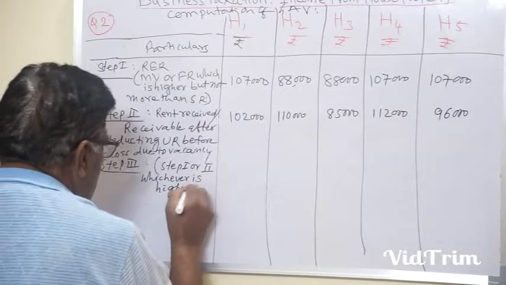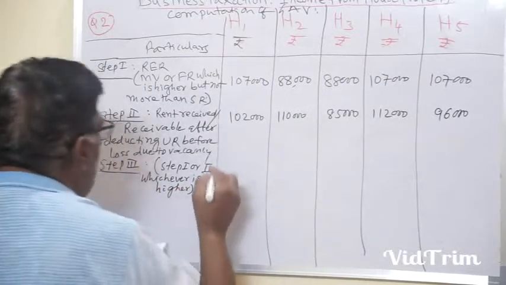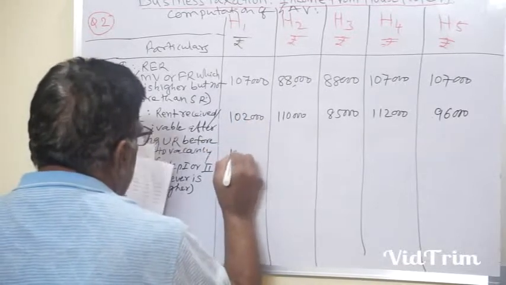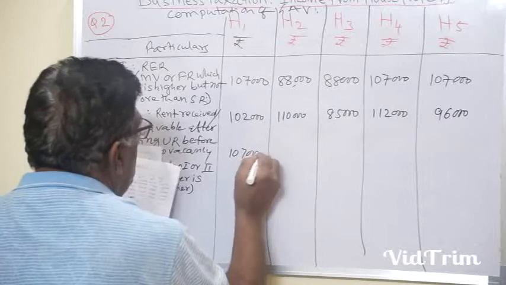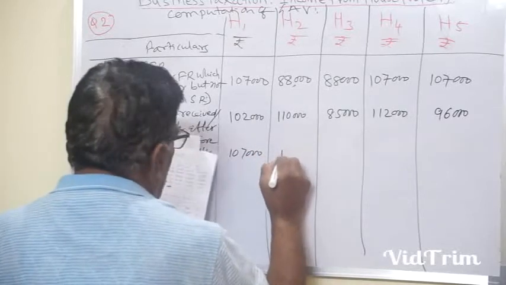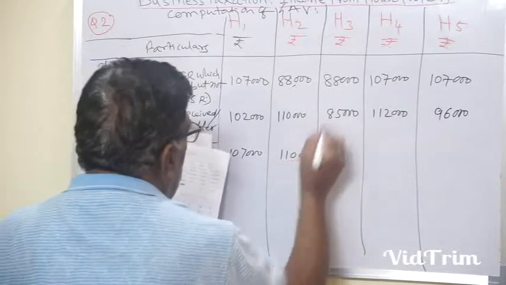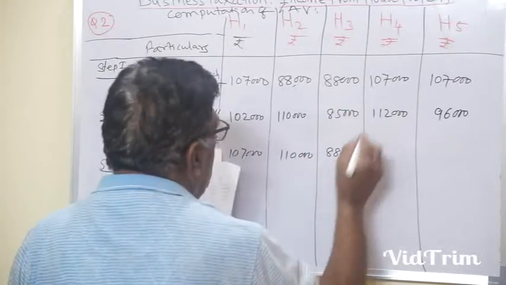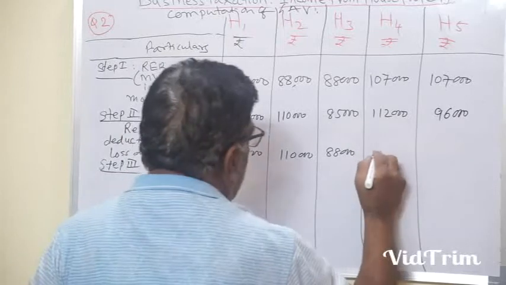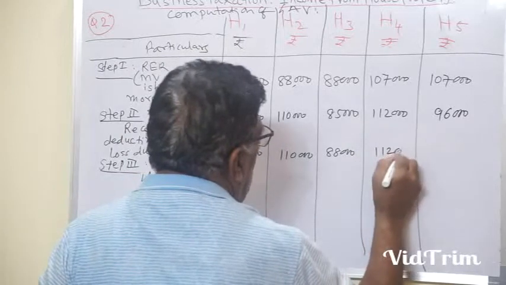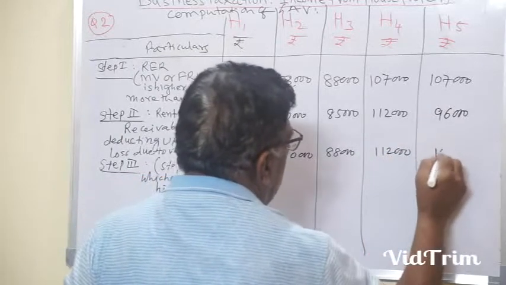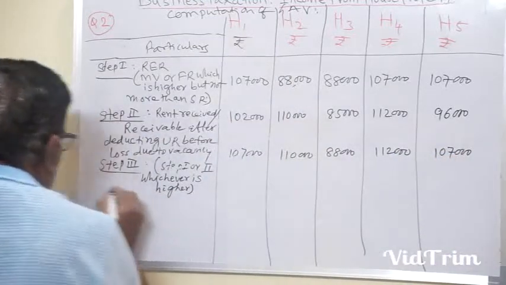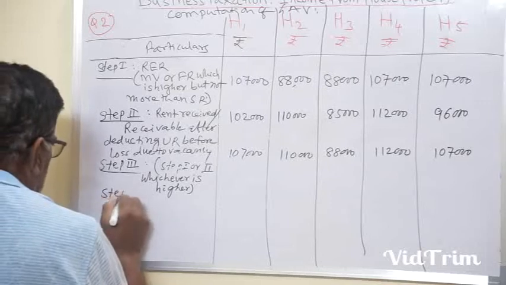Friends, so we compare the 1st and 2nd. Which is higher? 1,07,000. Here 1,10,000. Then 88,000. Then 1,12,000. And then 1,07,000. Okay? Then step number 4.